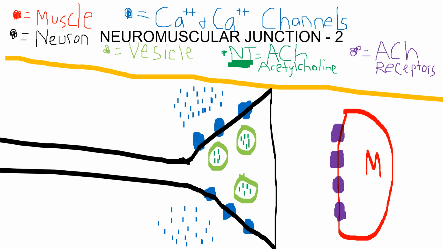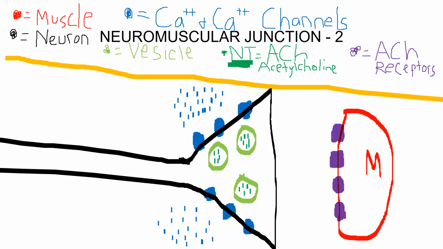Okay, a couple more things I want to introduce, and then we'll see how this actually works. Once again, this whole picture, we have a neuron next to a muscle. This is called a neuromuscular junction. Another term for this is a synapse. And a synapse is really just where a nerve talks to something. In this case, it's a muscle, but it can be another nerve.